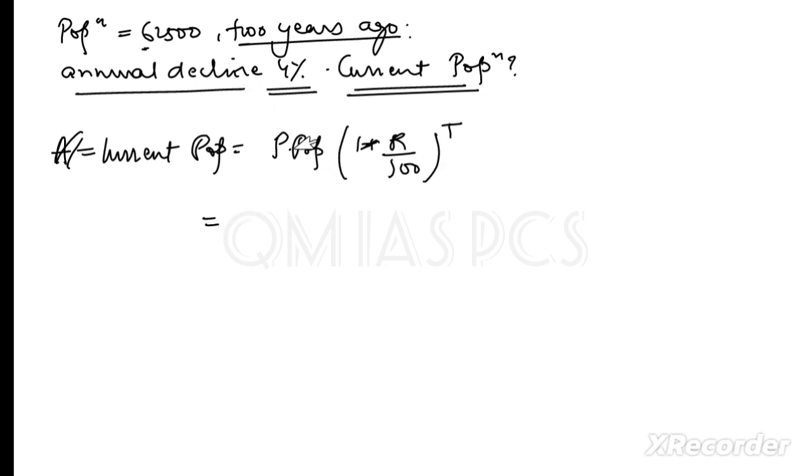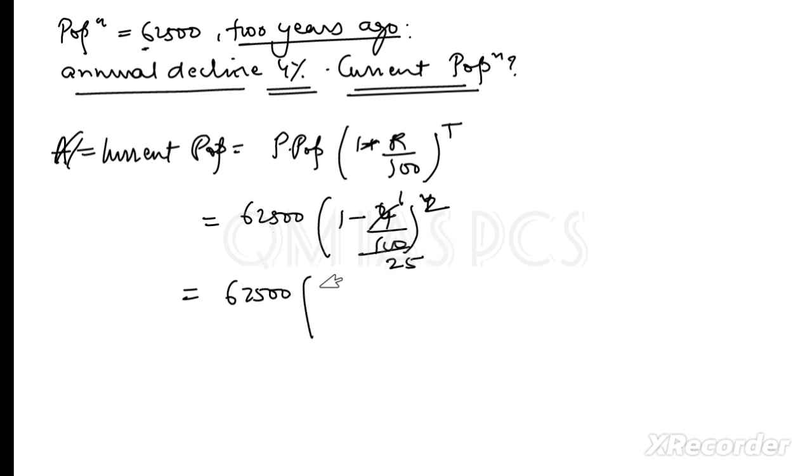So the previous population is 62500, now 1 minus 4 by 100 and the power is 2. We can cancel: 4 by 100 is 1 by 25. So 62500 times 25 minus 1 by 25 to the power 2. Finally we will have 62500 multiplied by 24 by 25, squared.